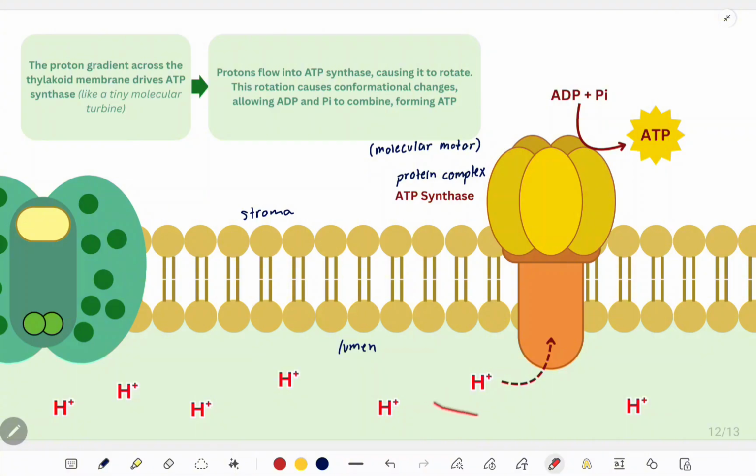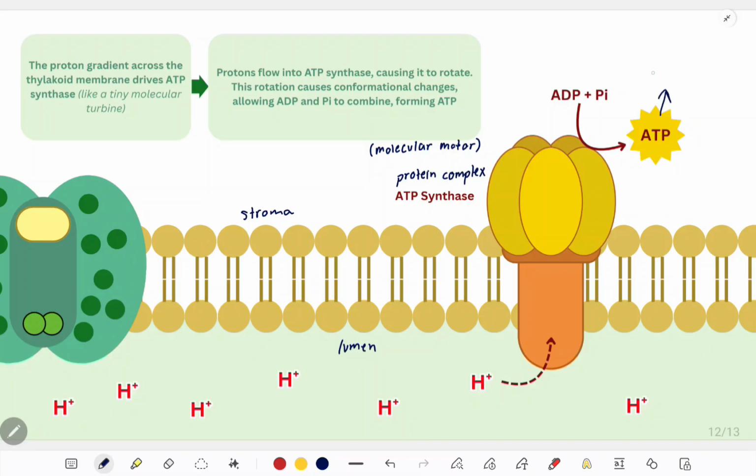So when protons enter ATP synthase, this will cause the F0 subunit to rotate, and this rotation will cause a conformational change in the F1 subunit, and this allows ADP to bind with inorganic phosphate, which results in the synthesis of ATP.